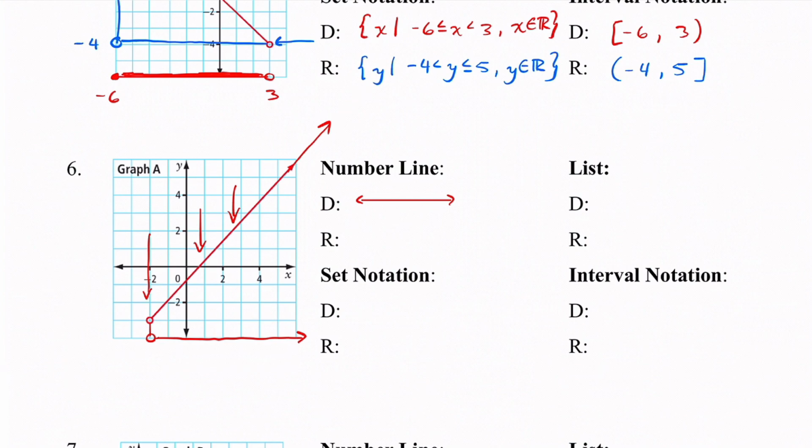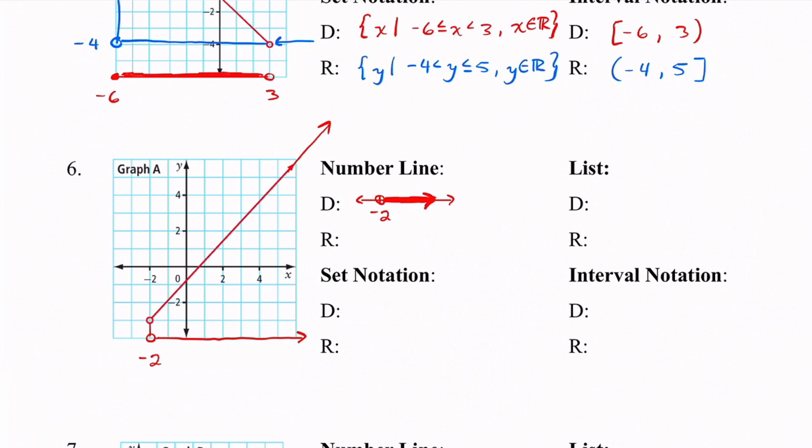So it's going to go from this point here at -2, and it just keeps going and going and going. So to represent that on our number line, we're going to put -2. We're going to put an open dot because it didn't include it, and then we're going to shade on our number line. It just keeps going and going, and we draw an arrow to say that it just continues. Just going to erase these lines and then do our range.